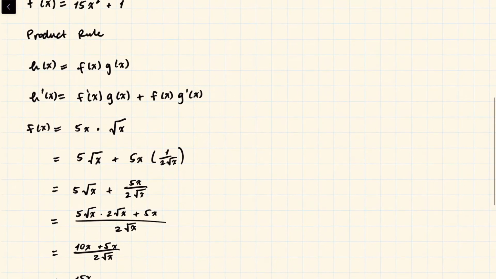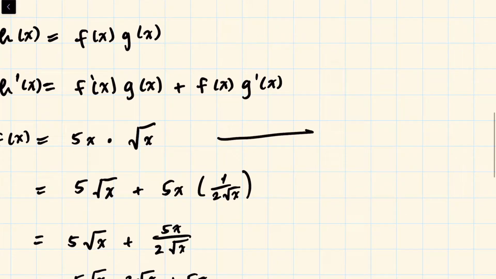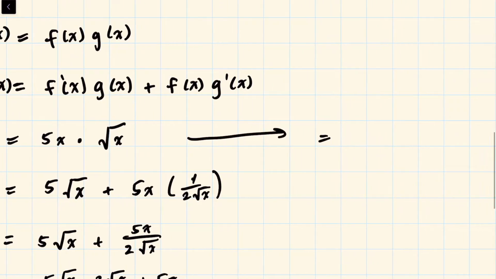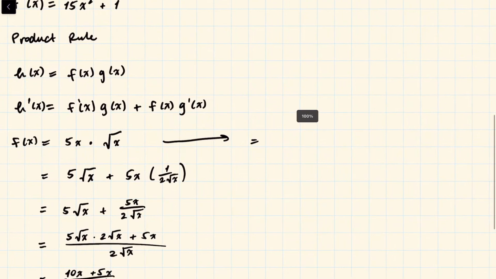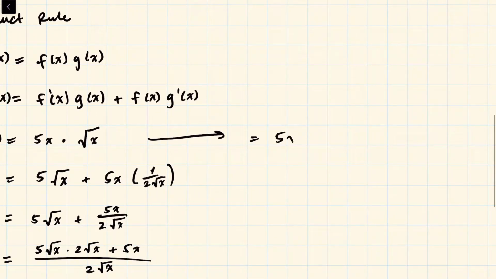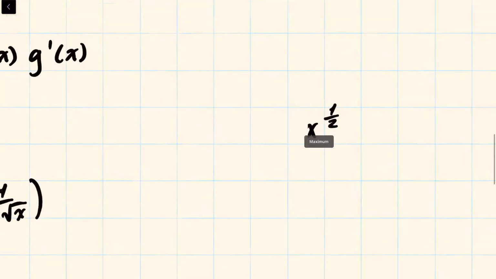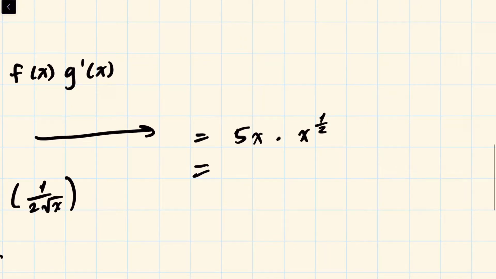So if we want to see that in other terms here, we can just simplify this to 5x times root x is like saying 5x times x to the power of a half. And by one of our exponent laws, when we're multiplying them, the exponents will add. So that becomes 5x to the 3 halves, right?